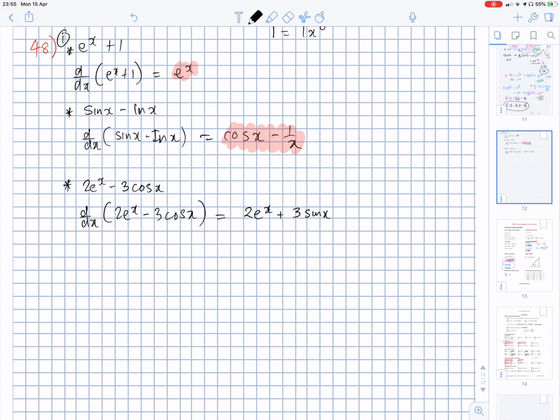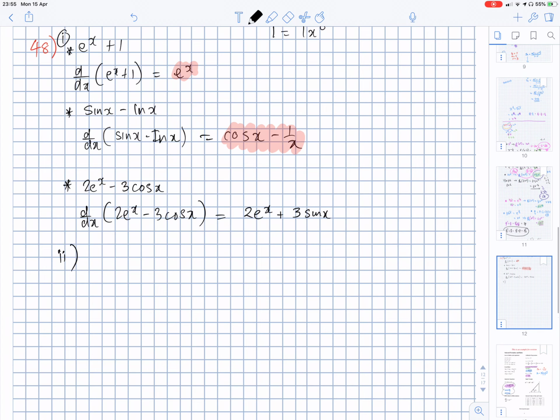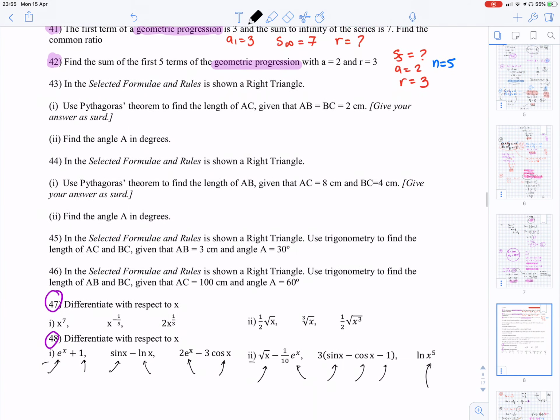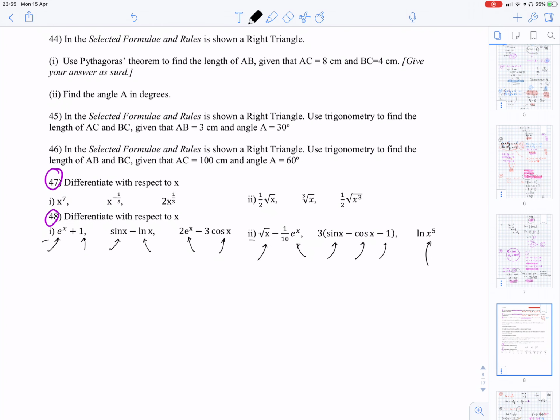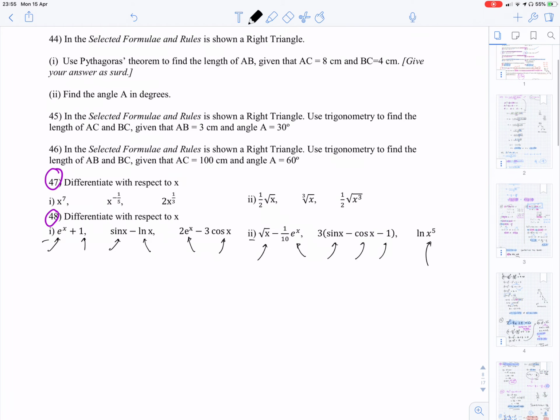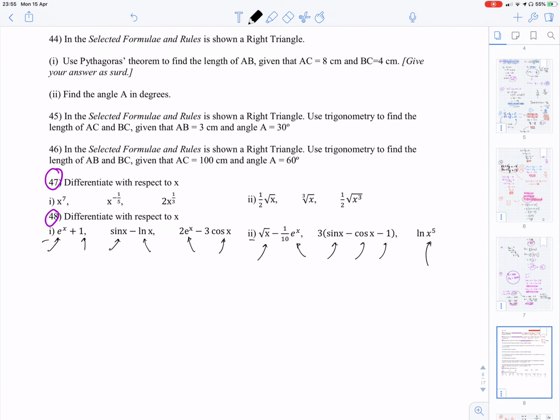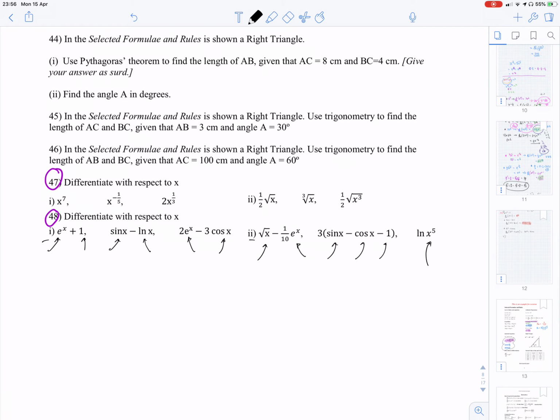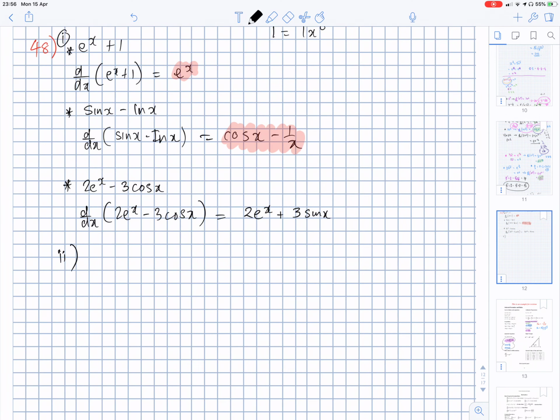And then the second part says, the first one for the second part, root x minus 1/10 e to the power x.